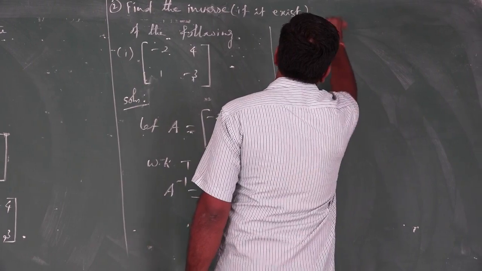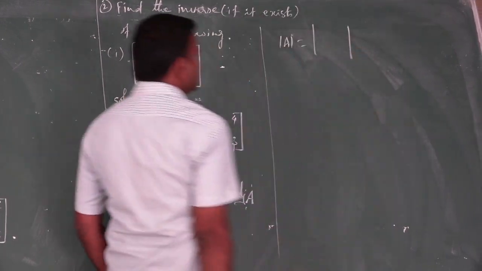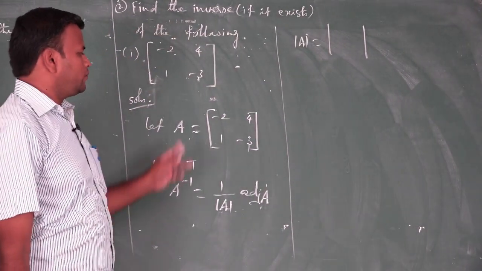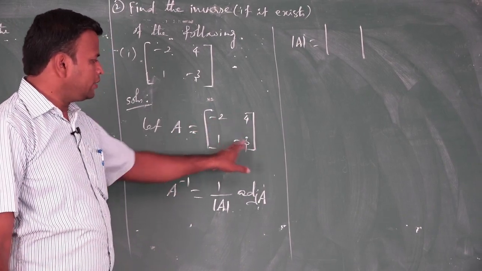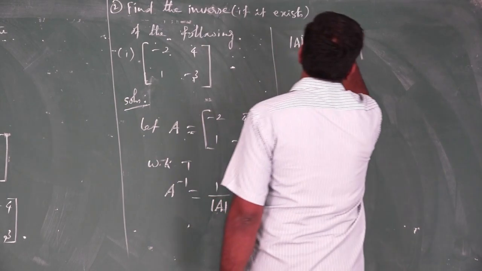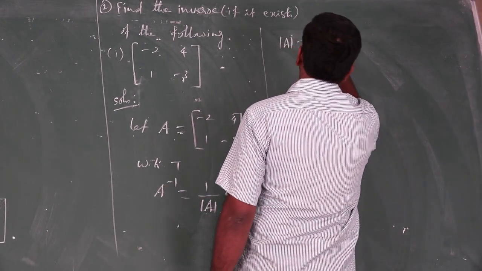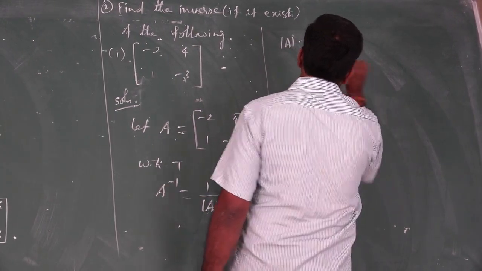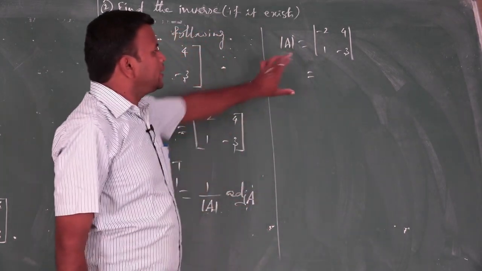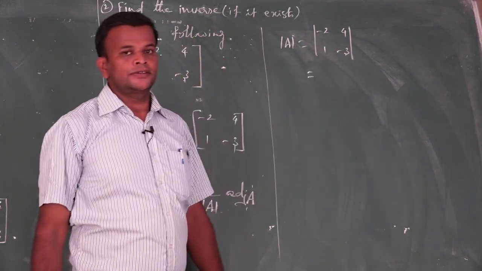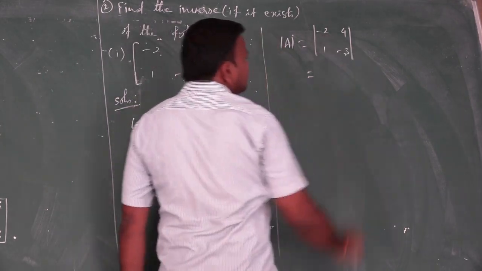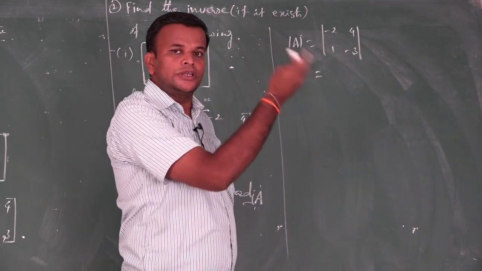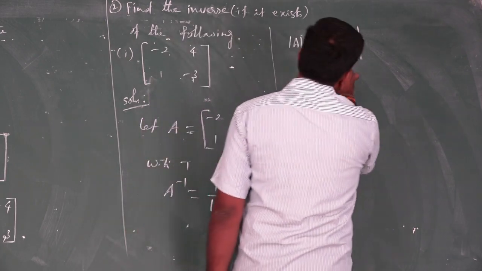Determinant of A, with the determinant symbol, and we write the elements of A: minus 2, 4, 1, minus 3. Now we find the determinant of this matrix. What is the working rule? We multiply the leading diagonal elements first: minus 2 into minus 3 is plus 6.